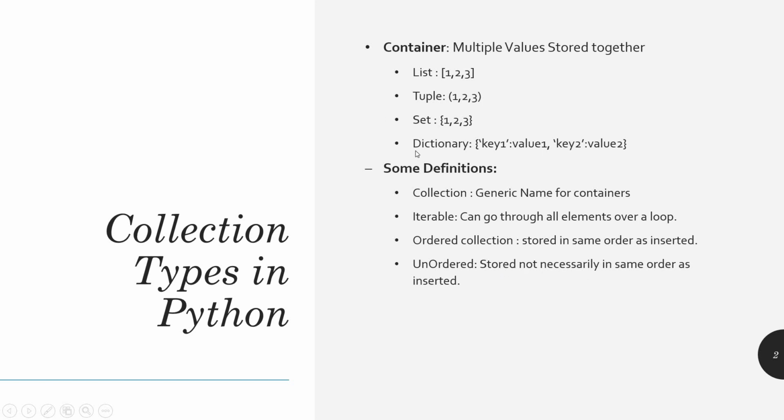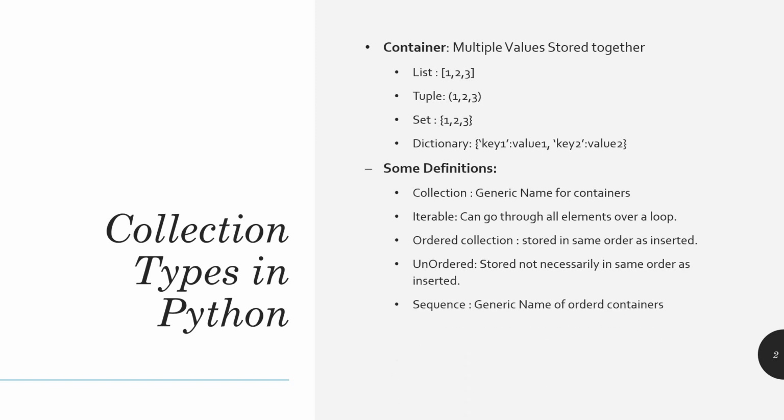Set and dictionary are examples of unordered collections, and list and tuple are ordered collections. We will see them in detail, but my intention in this video is to make you aware of this type, known as the collection type or container type.